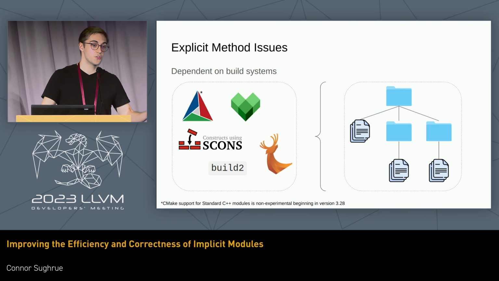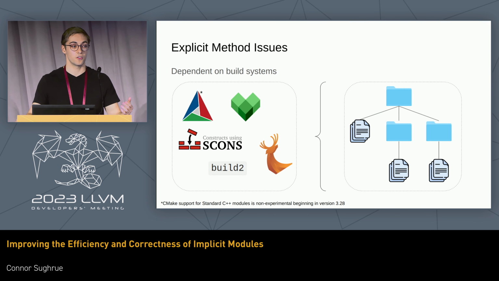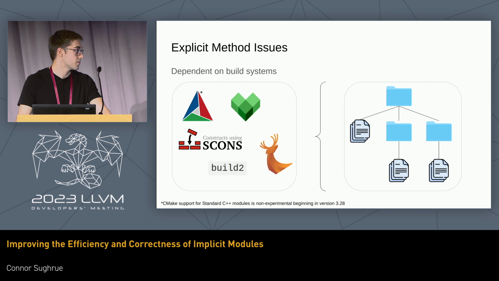So both those two issues I just discussed could be resolved with the explicit system, but then you become reliant on a build system. And that's not inherently problematic. There's a lot of advantages with integrating with a build system, but it's a bit less than ideal if that's our only option for a couple of reasons. The one big one is that there exist use cases like a debugger where you might not even have access to a build system.